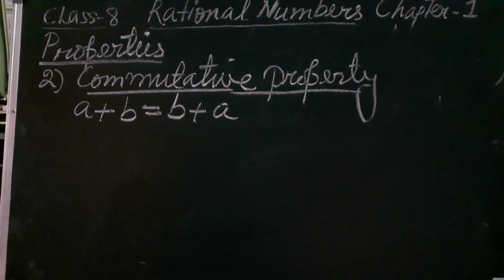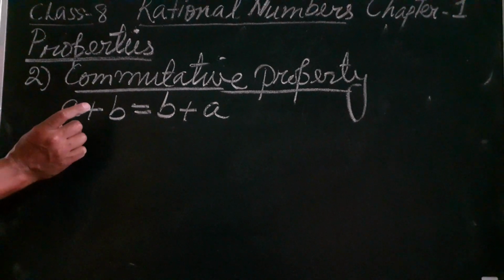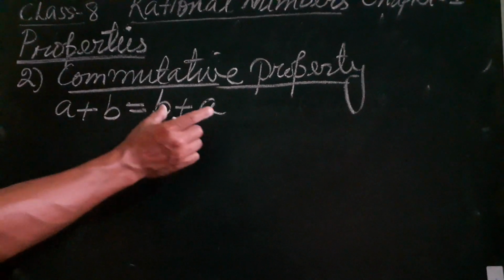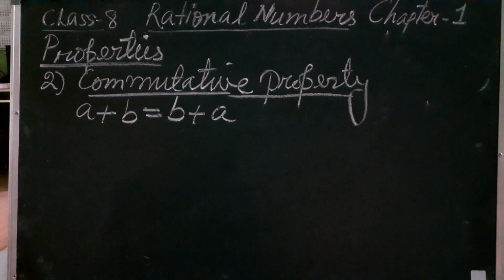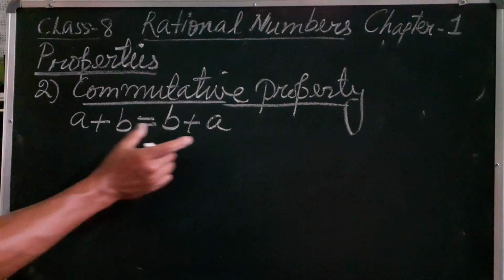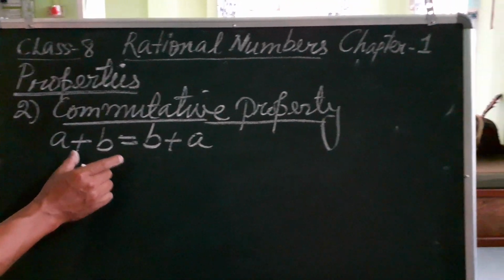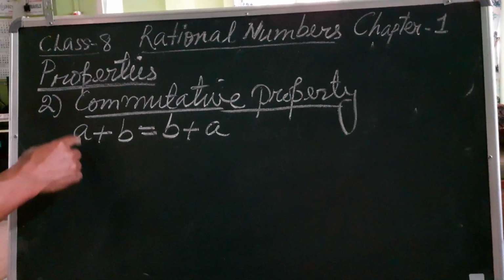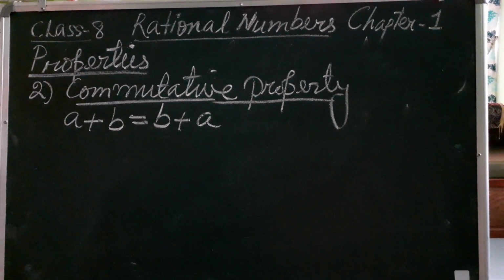This means that if you change the order of addition, here it is a plus b, here it is b plus a. We are changing the order of addition. If you change the order of rational numbers while adding, the sum remains the same.